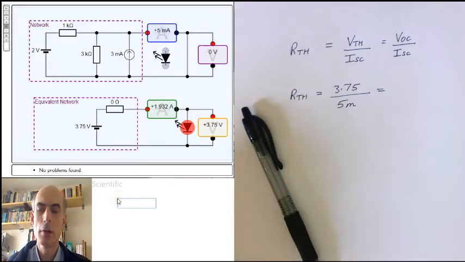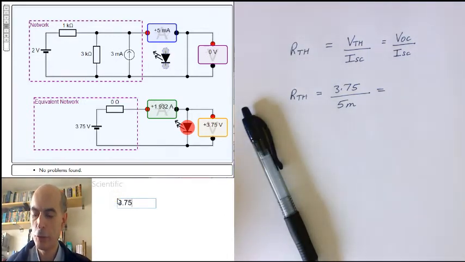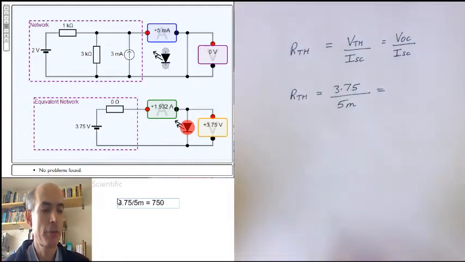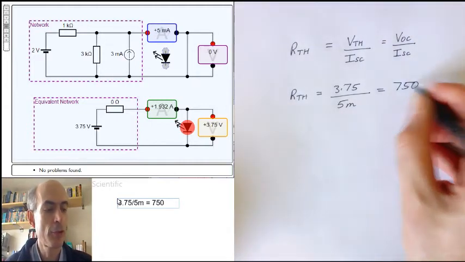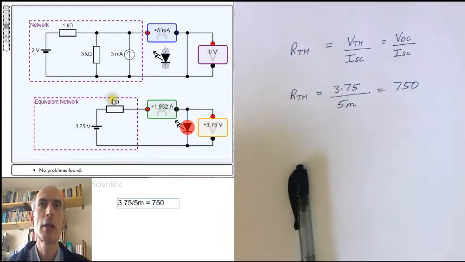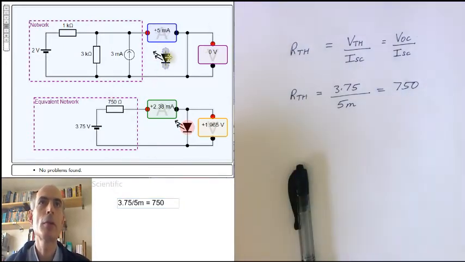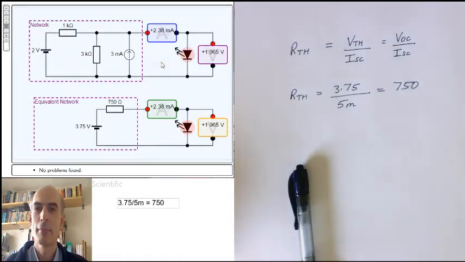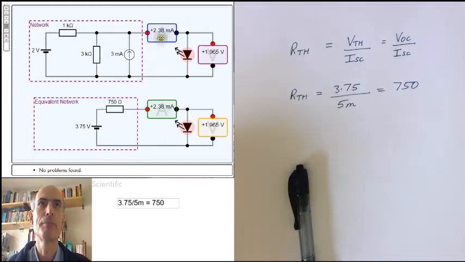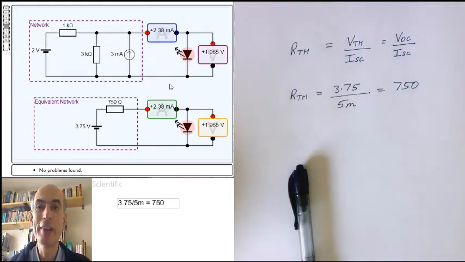And 3.75 volts divided by 5 milliamps is 750. So that is the resistance in my Thevenin equivalent model. And now these two circuits should work the same for any load that I attach to their terminals, including a nonlinear load like a light-emitting diode.